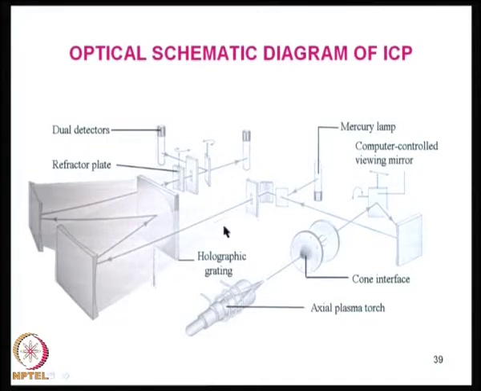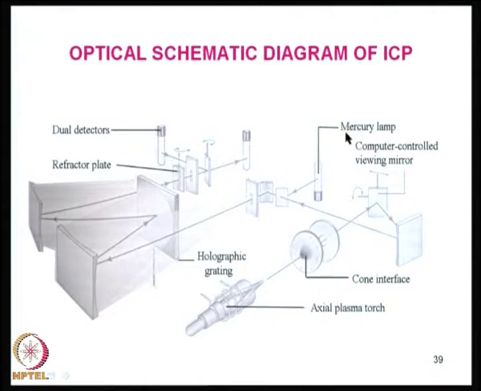So, you can trace the light path from the plasma and guide it here, and then there is one more grating, it separates, and then a number of refractor plates are there, and then the dual detectors, which can be used straight away.